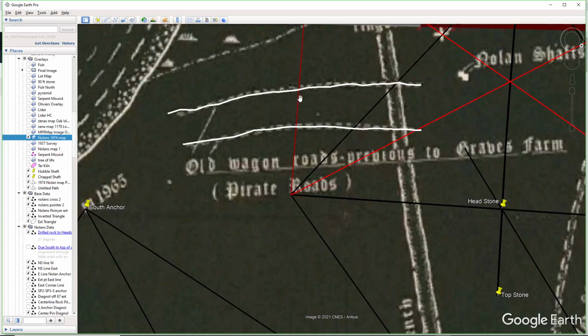I would see this as more important in this configuration if they were taking things out of the tunnel, in other words debris, and depositing it within the swamp somewhere evenly. So that's my take on this. I just want to give credit where credit is due. Fred Nolan had already discovered the old wagon roads that are in the swamp, and he called them pirate roads.